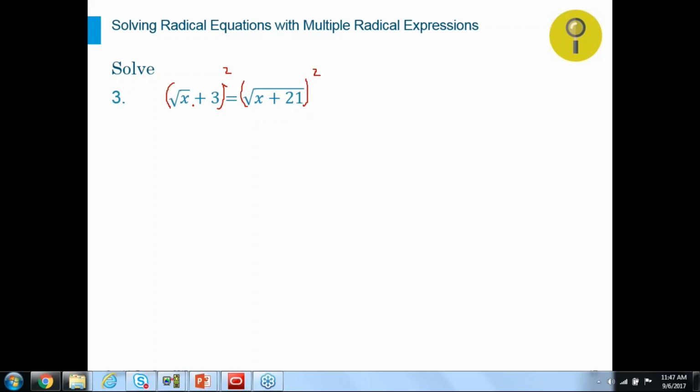So I want to continue on squaring this side. Now this side, if you remember from unit 1 in this course, we said that when you square a binomial, you do not only square the first term and the second term, but you have also to multiply 2 times this term times that term.